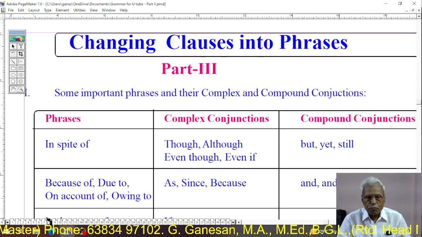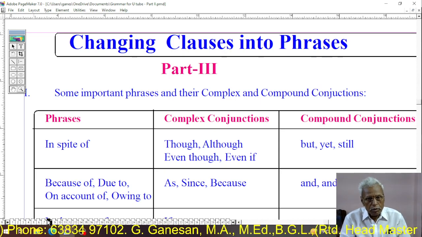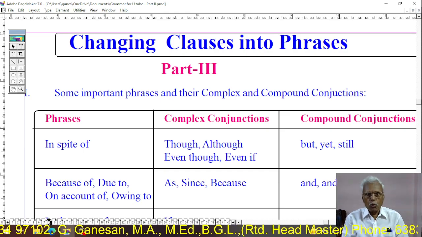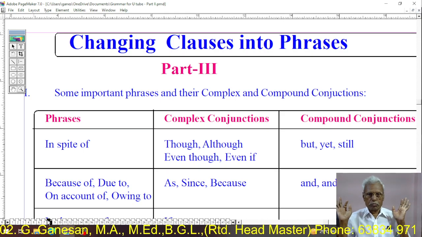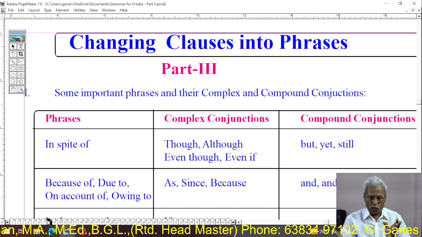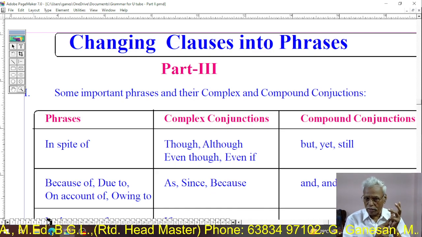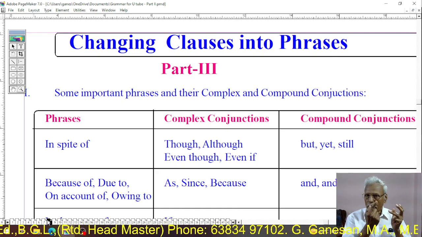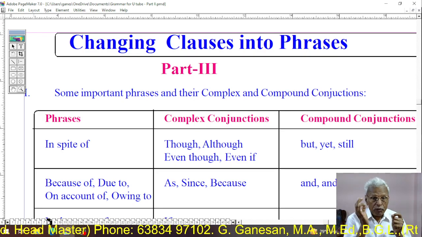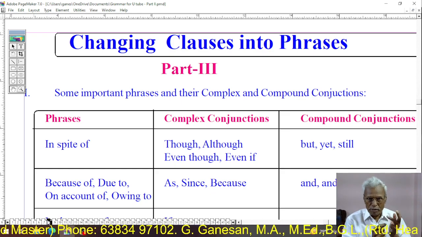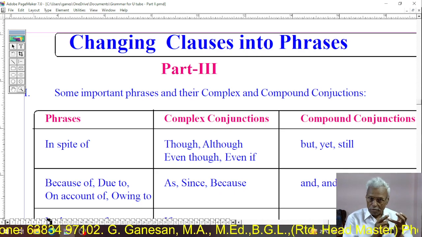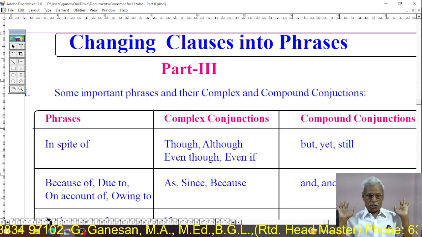Dear students, to convert a clause into a phrase, we ought to know these three classes of things, that is, a phrase, its complex conjunction and compound conjunction. Every phrase has its complex and compound conjunctions.